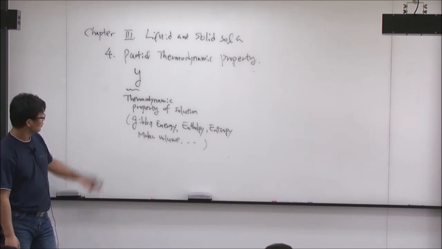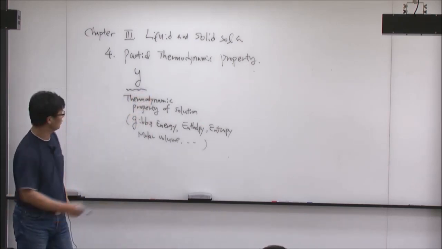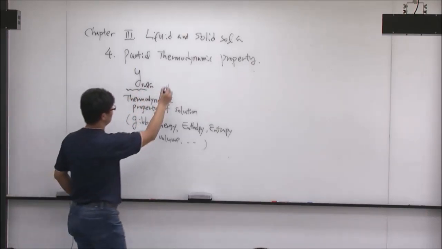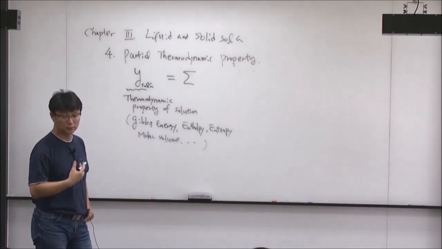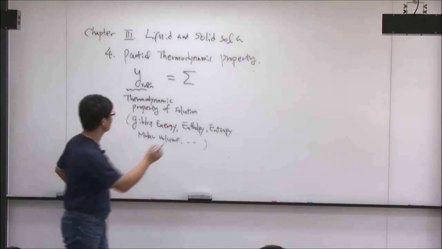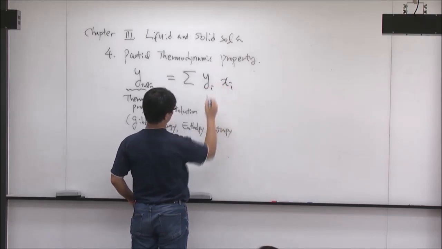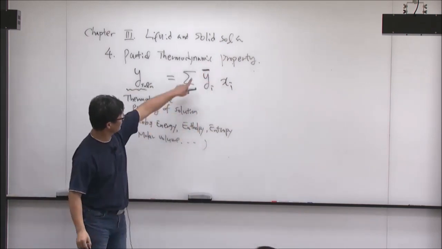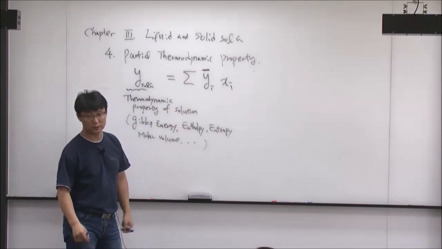Okay? So whenever you have some thermodynamic property Y of the solution, this can be expressed by the summation of the partial thermodynamic property of all the species in the solution, so Y of i and Xi. And then for this Yi, in order to show that this is really a partial property, sometimes people put a bar on top of this property here.